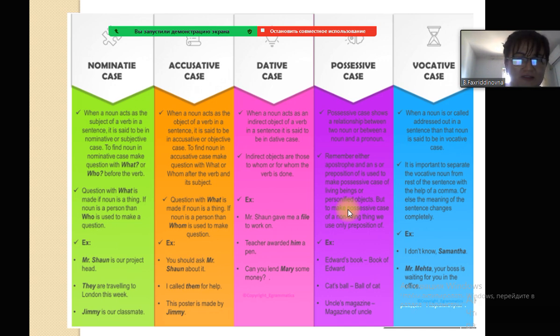And possessive case shows a relationship between two nouns or between a noun and a pronoun.